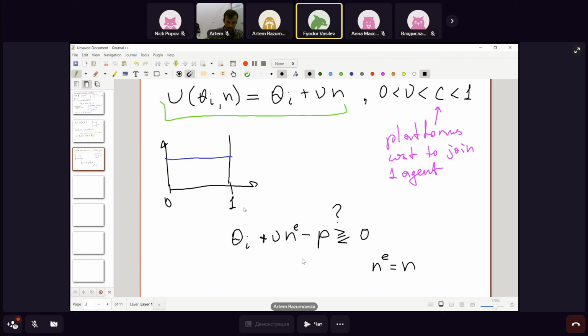It will be a straight line, and everybody who is above that line will join.